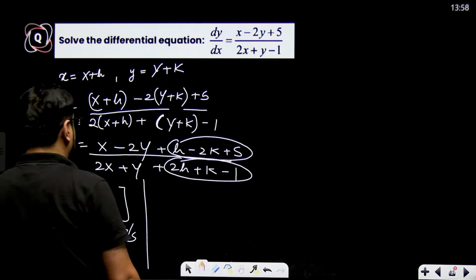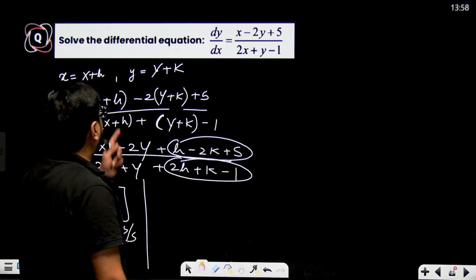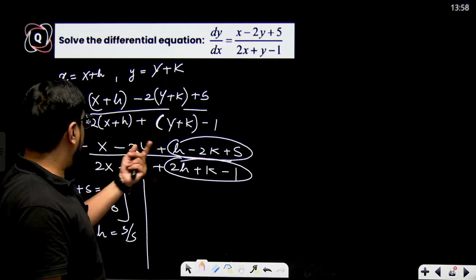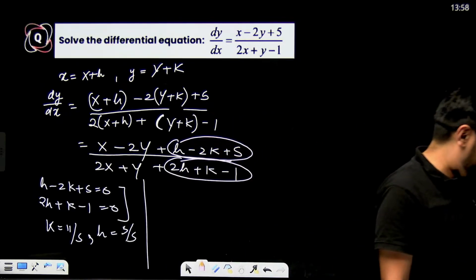So these are the values of h and k I'm getting. For h equal to 3 by 5 and k equal to 11 by 5, this equation will be true. I'll substitute h and k as 3 by 5 and 11 by 5 again over here.